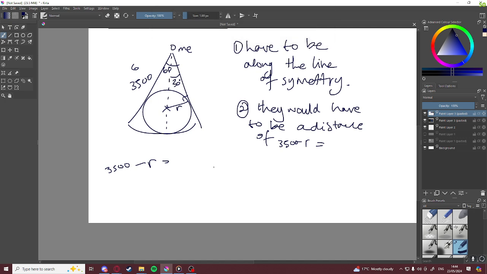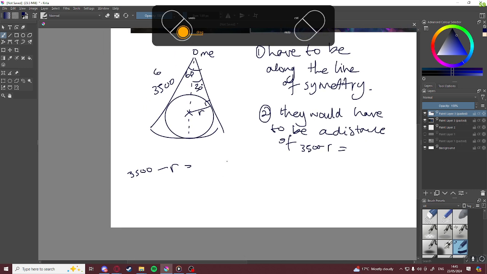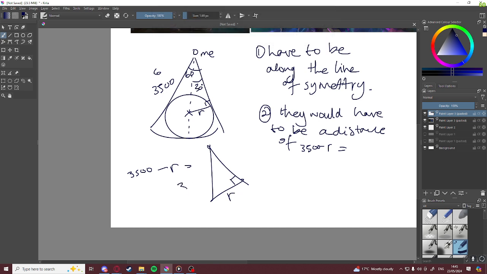So let's work out what the radius is. So let's see what we have here. I know that this is R, and I know that it touches the edge of the sector, i.e. a 90-degree angle. And the distance from the enemy to me would be 3,500 minus R, okay? And if I redrew that triangle, with R and 3,500 minus R, this angle here would be 30 degrees.